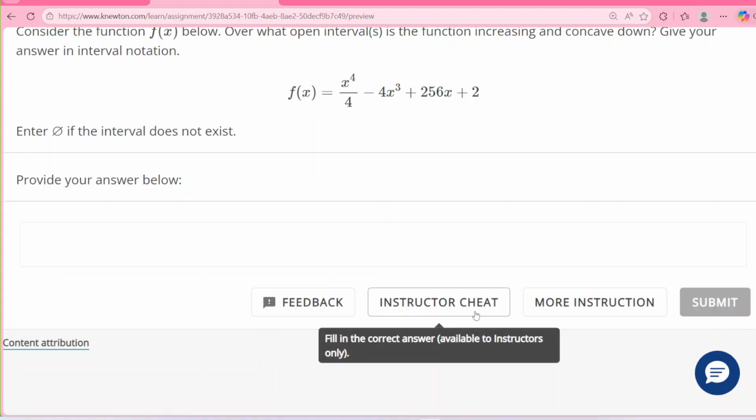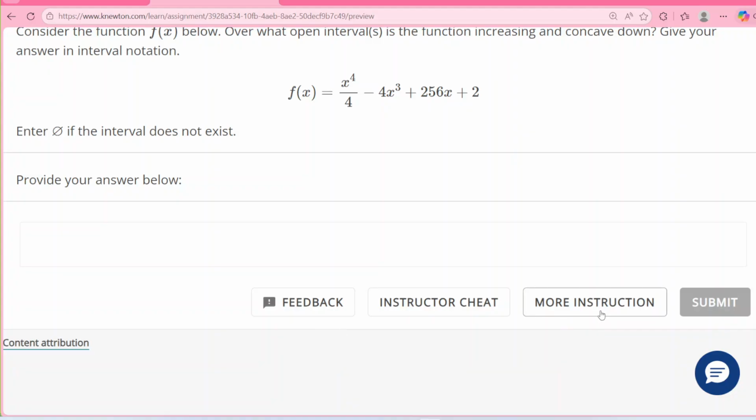Now, of course, you will not have the instructor cheat option. It's for instructors only to fill in correct answers, and I'm going to avoid using that during this video because you won't have it either. But you should be able to find a more instruction option.